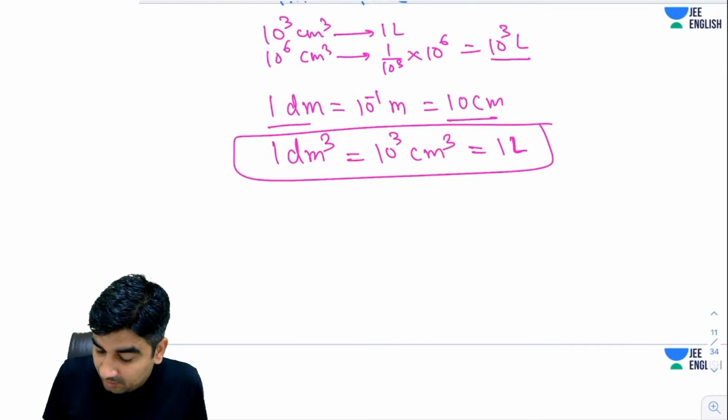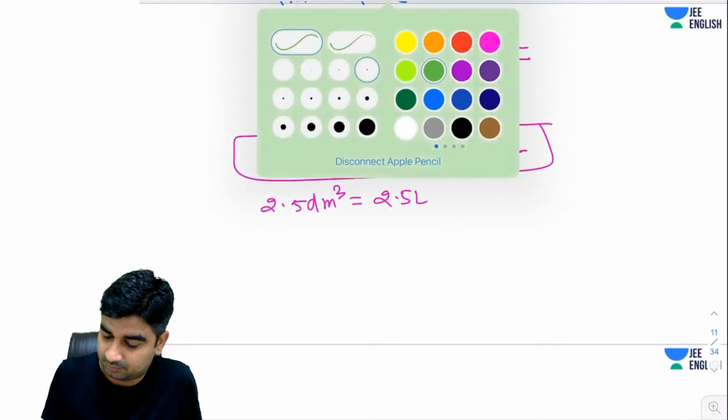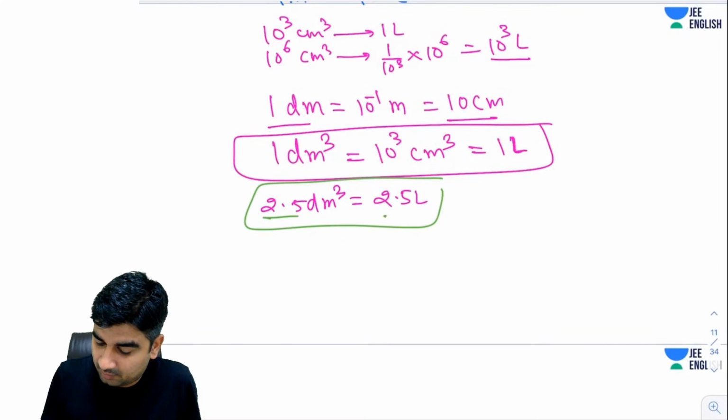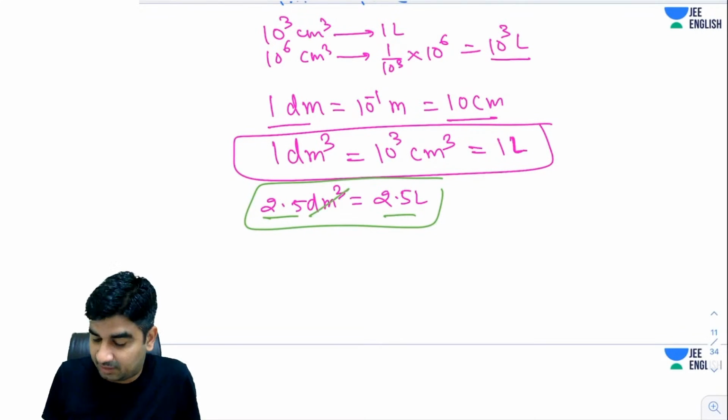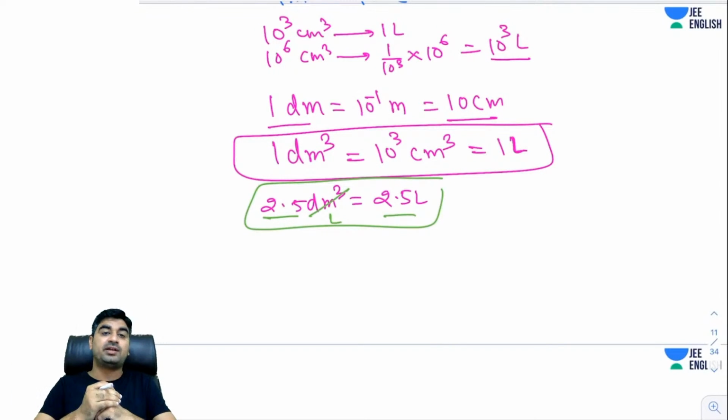So now, if I write 2.5 decimeter cube, I can also write 2.5 liter. So instead of decimeter cube, I can directly write liter. Actually, 1 decimeter cube is equal to 1 liter. Right, you got it.